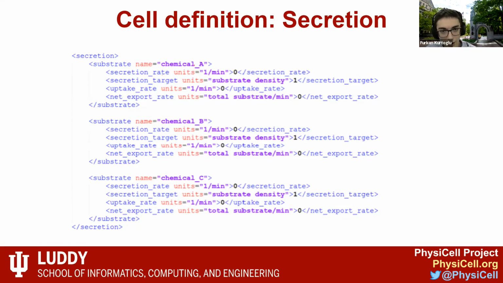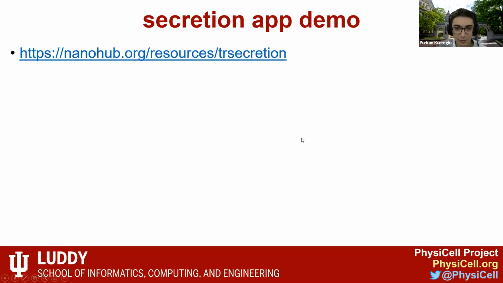The secretion rate for the chemical should match the name in the microenvironment too. Here the secretion rate is 0 and the secretion target is 0, so this is basically not doing anything, just a show. If the secretion rate is defined and the target secretion is 0, then there will be no secretion.